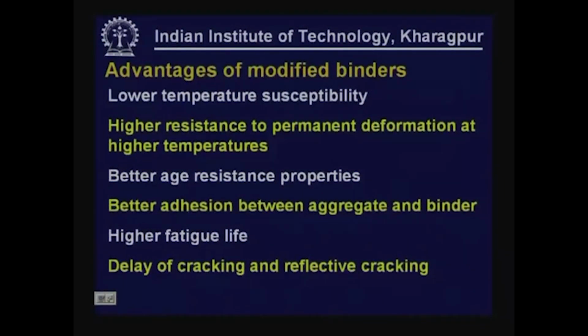In fact, this is the main purpose for which modified binders are usually used. Especially in India, we are concerned about failures occurring because of permanent deformation, rutting, that is occurring in our bituminous mixes at higher temperatures. That is the reason in India mostly we are using modified binders.